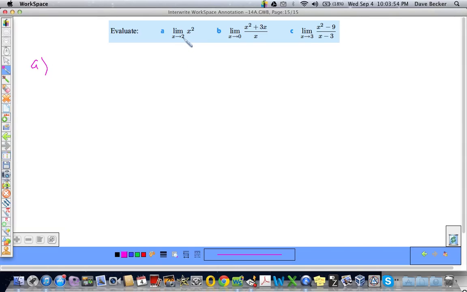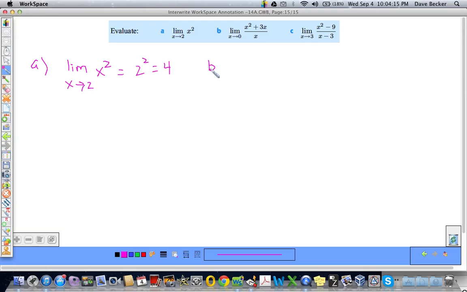First thing you should do: can I use direct substitution? Can I replace x with 2? Is anything bad going to happen? Is the function undefined? The answer is no. We know that the limit as x approaches 2 of x squared is equal to 2 squared, which is equal to 4.